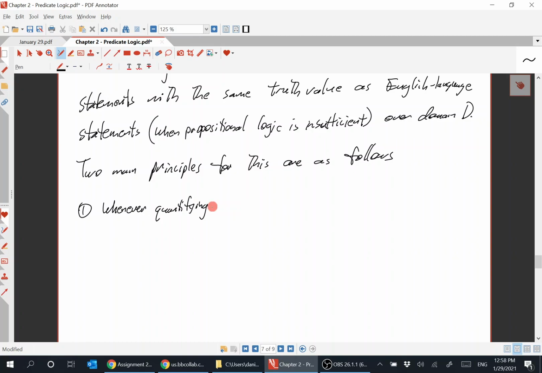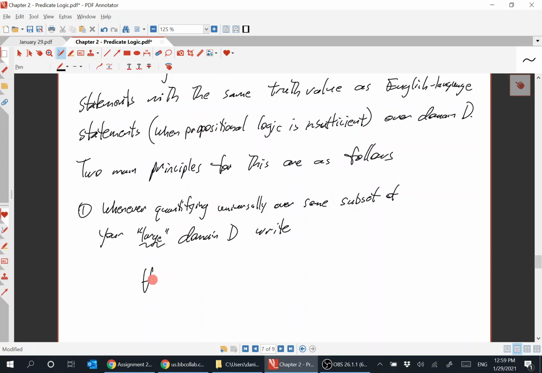So what you need to do is, whenever quantifying universally over some subset of your large domain D, write for every x, P of x implies whatever property you're talking about.